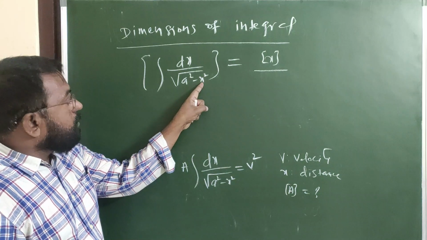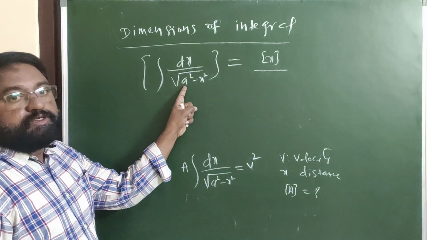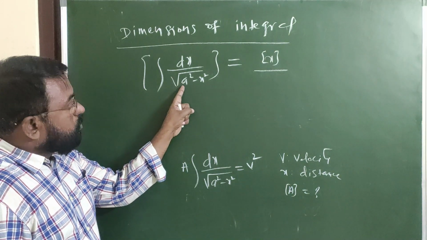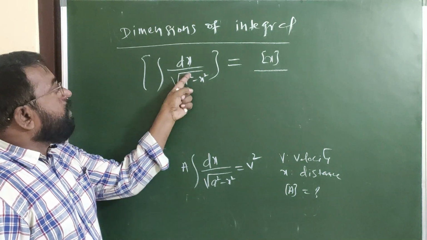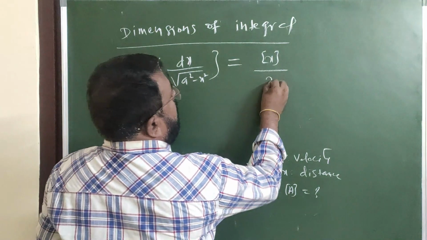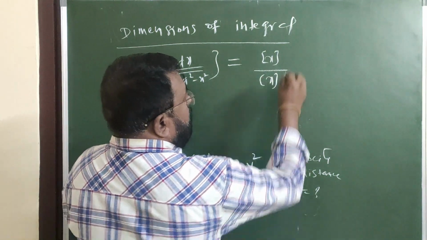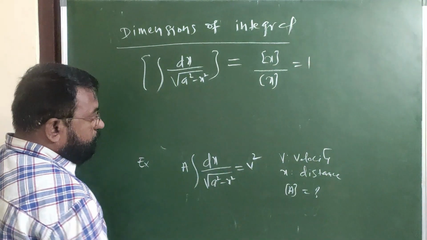Here x is distance, therefore a is also distance, so this is also x square. Therefore this total term is x square, but square root of x square means x. Therefore it is dimensionless.